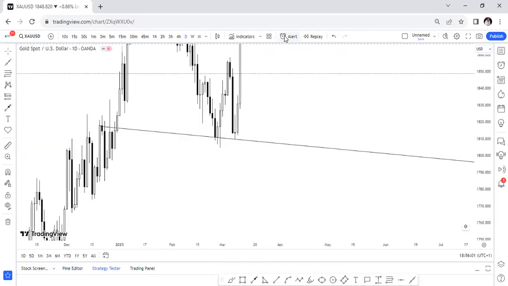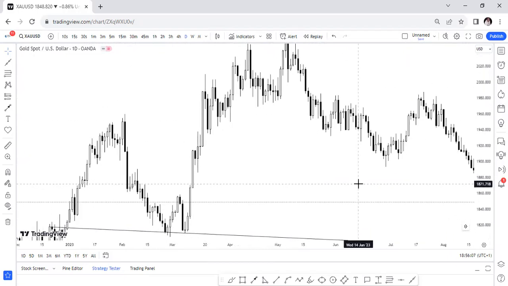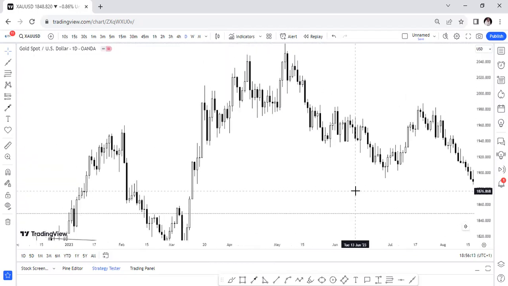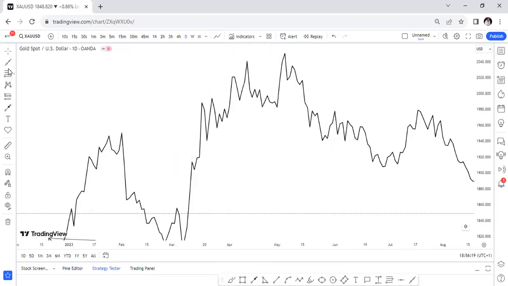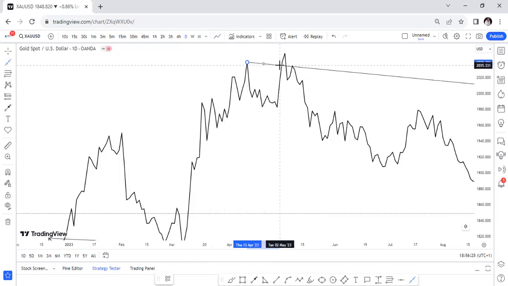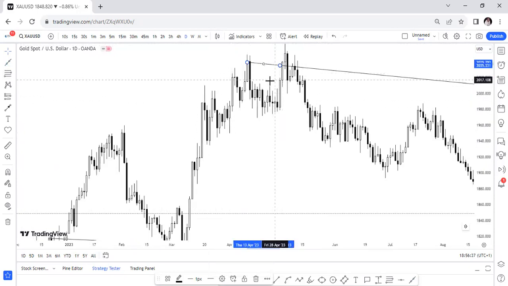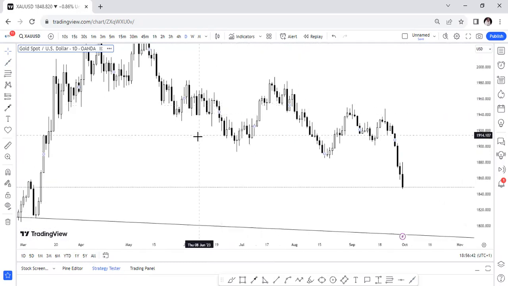You can imagine the move upward. Imagine the move upward.